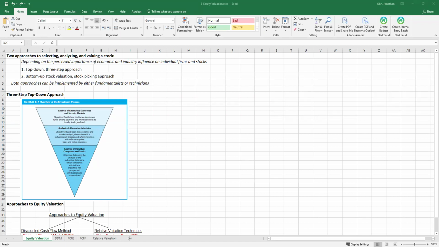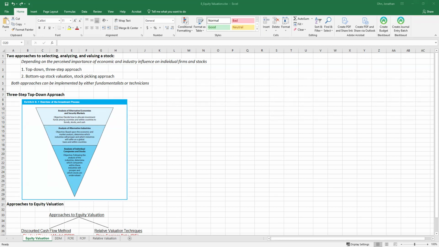Okay, thank you. So there are two different approaches. The first one is top-down, like macro to micro, the three-step approach. The second one is the bottom-up approach.